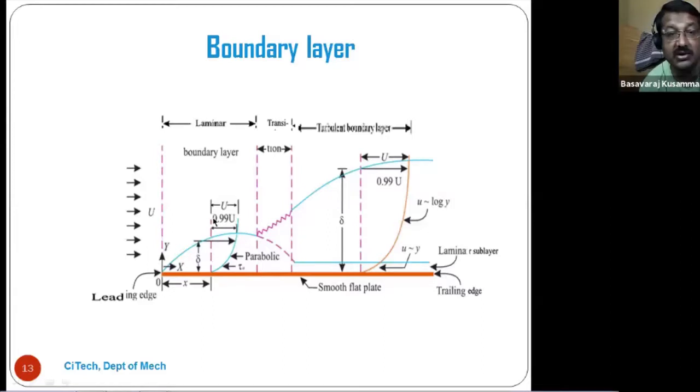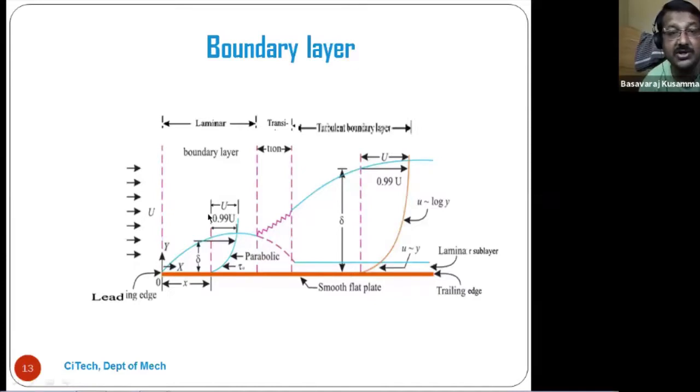At this point, the fluid velocity approaches 0.99 of the free-stream velocity u, the mainstream velocity, at a particular distance from the plate.